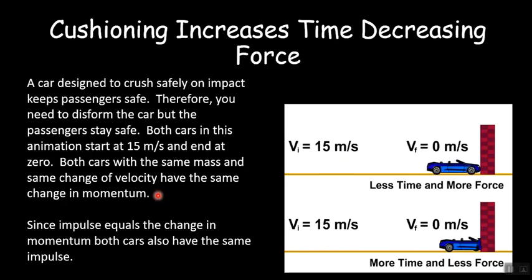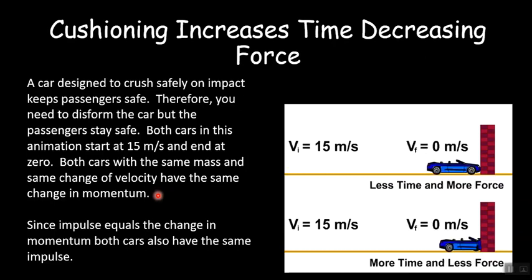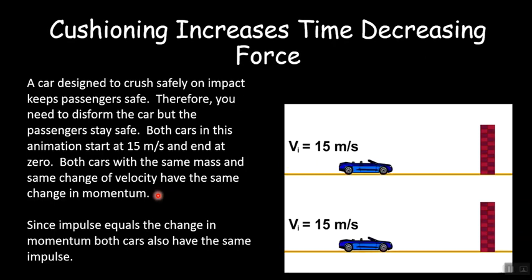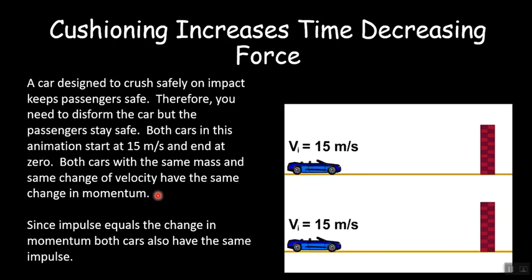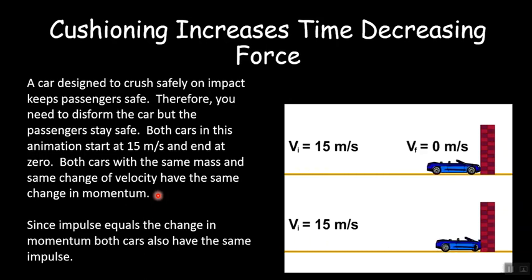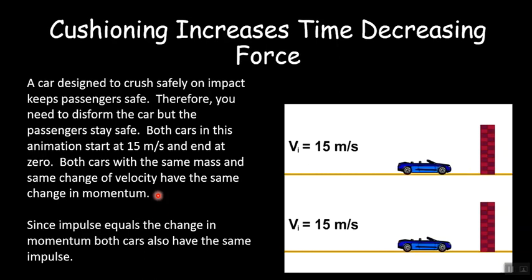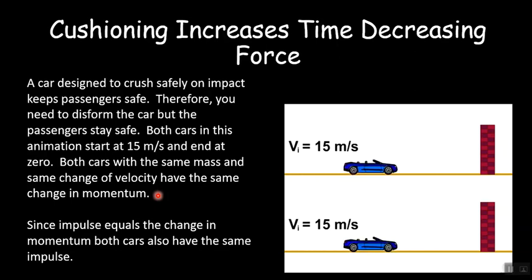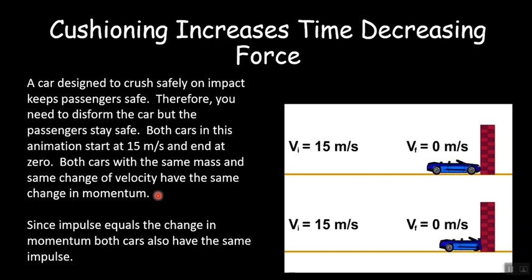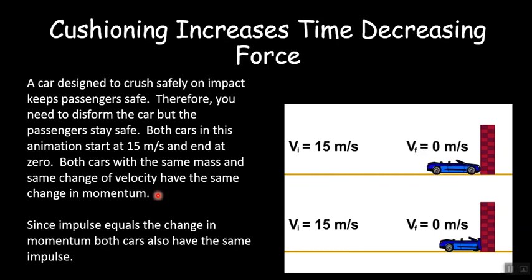Okay, so let's quickly look at it. Why is this important? We know that impulse is equal to the change in momentum. Both these cars have the same final and the same initial velocity, so both of them will have the same change in momentum. So the left hand side of the equation, the change in momentum, is the same.